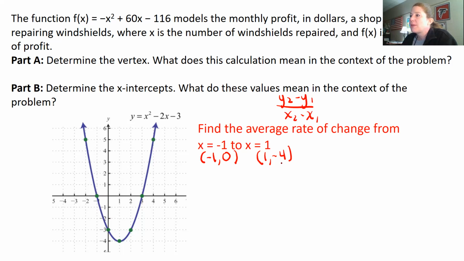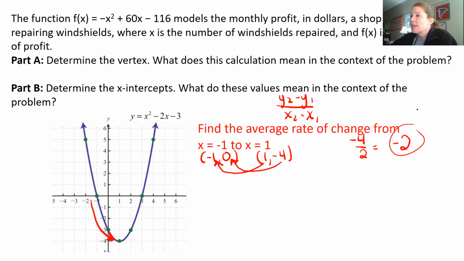So -4 minus 0 is -4, and 1 minus -1 is 2. So the average rate of change from -1 to 1 is -2, which makes sense because this is decreasing. It should be a negative number.